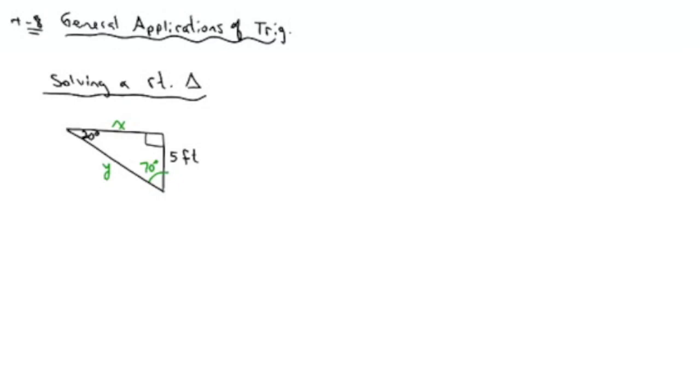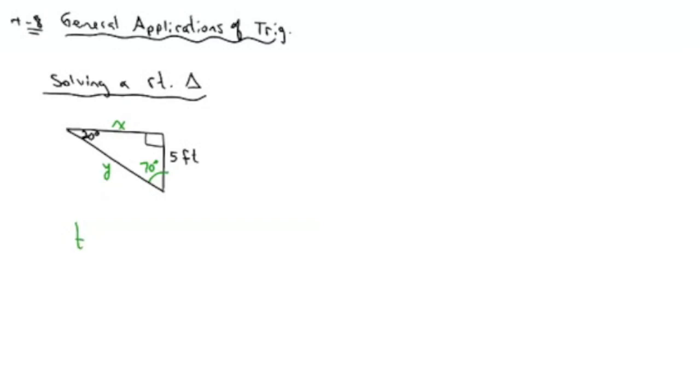So first off, how would you find x? Take the angle they give you. Never use one you calculated later unless you have to. So take the angle they give you, take the side they give you, and you're looking for x. You can do a ratio: it's opposite over adjacent, 5 over x. That's tangent.